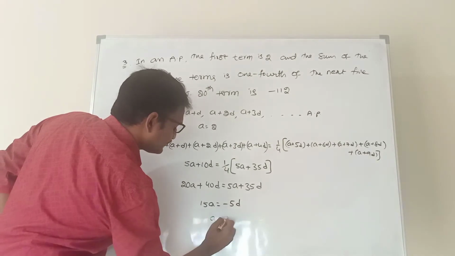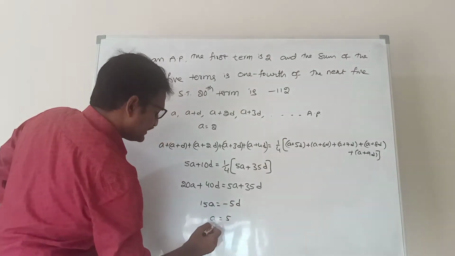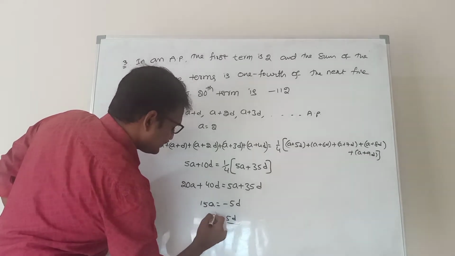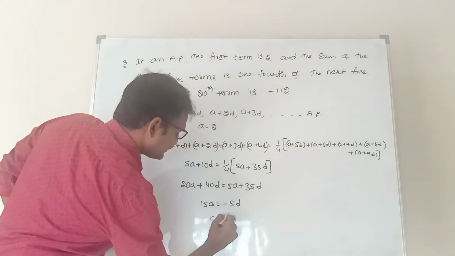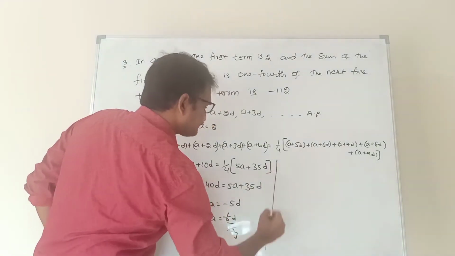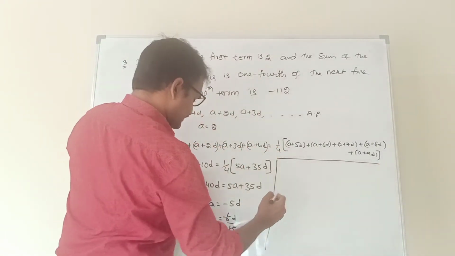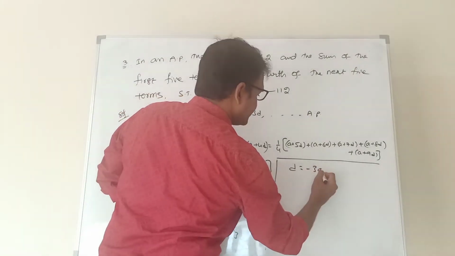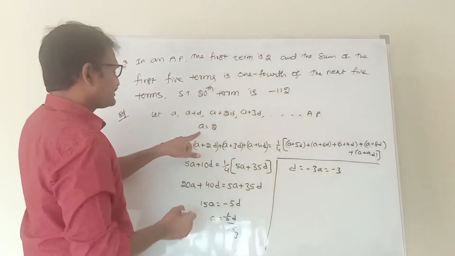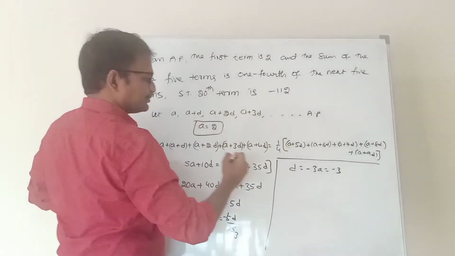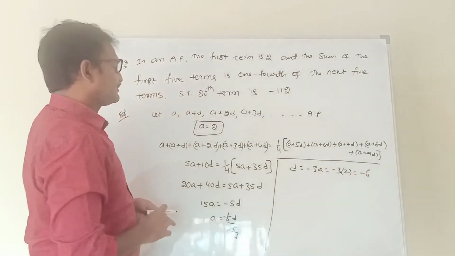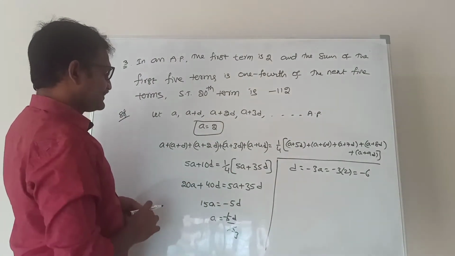So a is equal to minus 5d by 15, that is d is equal to minus 3a. Minus 3 into the a value; the first term is given, a equals 2. Minus 3 into 2 is minus 6. So the d value we got is minus 6.